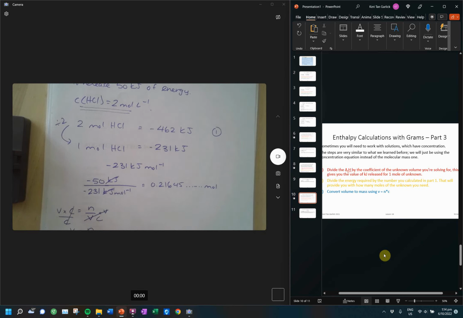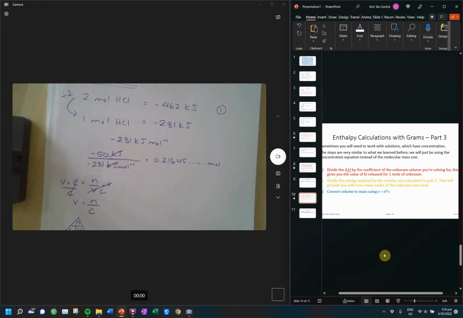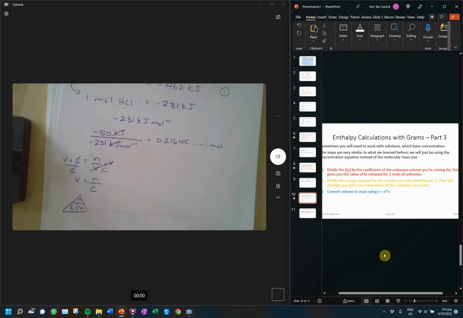So V equals n divided by C. If that isn't your cup of tea, they're only going to give you the equation in one format, so you're going to have to rearrange it. The other option is that you can draw the triangle. As much as I hate the triangle, I know some of you really like the triangle. Or you can plug in the numbers and just manipulate it with the numbers itself. It really doesn't matter so long as you get it. So I'll do it both ways.